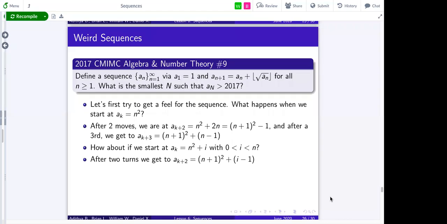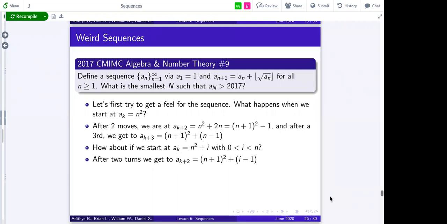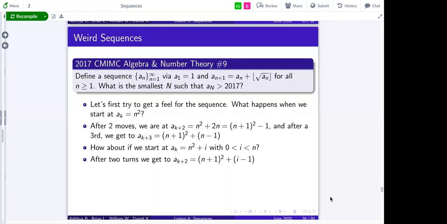So what this means is that after 2 iterations, we're going to get to a number with increased floor of square root of a, which is good. But at the same time, the amount we are over the square decreases by 1. So the square increases by 1, the overshoot of the square decreases by 1. So this will be very important.